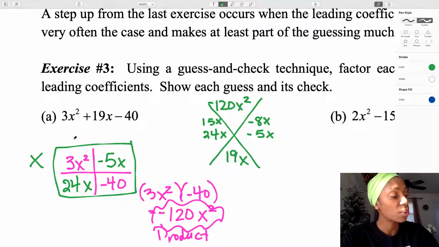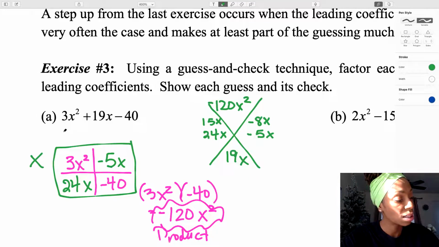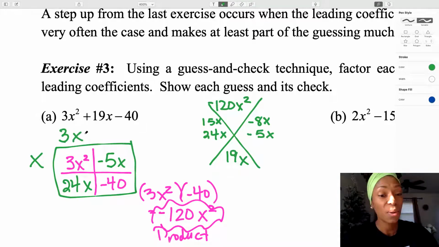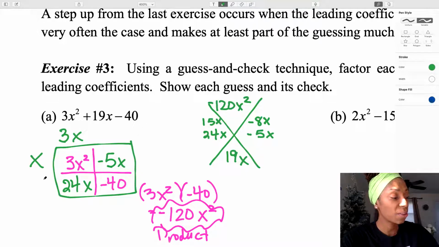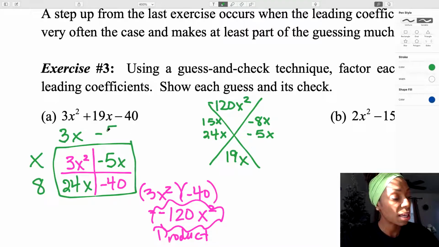The only factor that 3x squared and 24x have in common is 3x. And I know that's right because 3x times x gives me 3x squared. So we can use these to figure out what goes here and here. 3x times what will give me 24x? 3x times 8. So this one has to be 8. And then 8 times what will give me negative 40? 8 times negative 5.